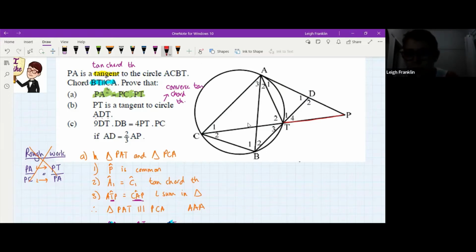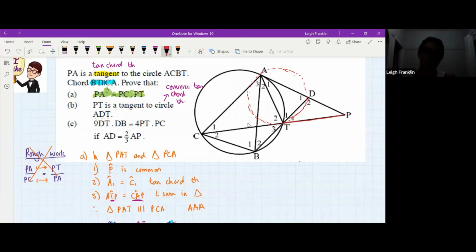So here's A, there's D, there's T. This circle is not drawn, but it kind of looks something like that. It's not the best circle I've ever drawn, but I suppose it's not the worst. So this circle is not drawn for us.